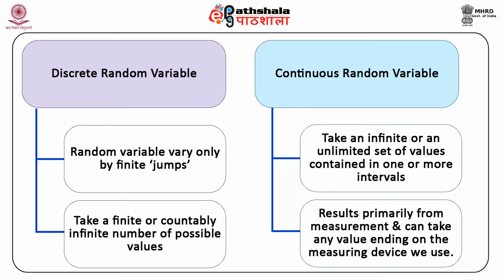For example, suppose the maximum average life of a light bulb is 80 hours. Let X denote the life of a randomly selected light bulb out of a lot of 500 bulbs sold by a manufacturer. Then X can assume any value in the interval 0 to 80. Consequently, X is a continuous random variable.